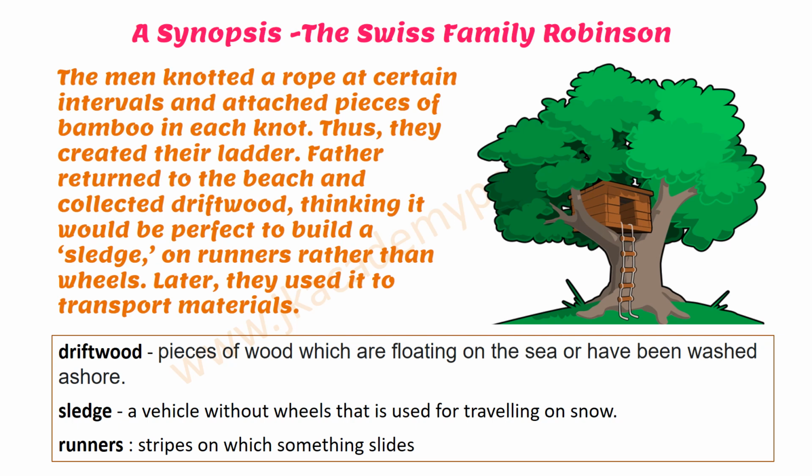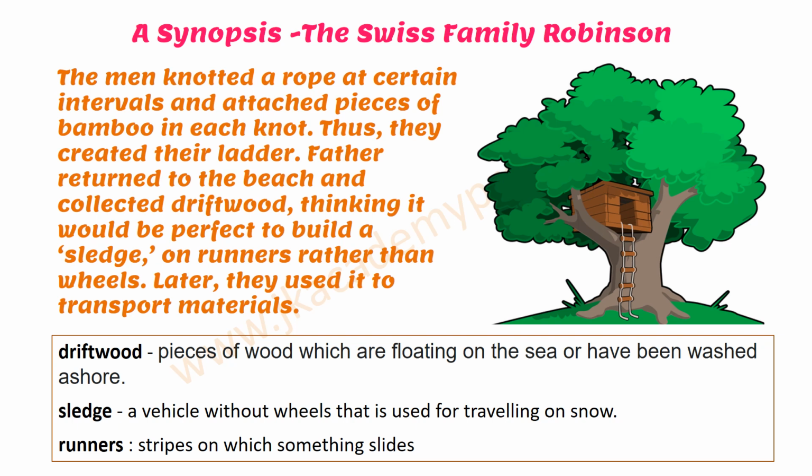Okay, so now here he used this driftwood to build a sledge on runners. Now, runners are things on which the platform, a piece of wood, will slip. It forms like a wheel underneath, so it will slip, so that is called a runner, on runners rather than wheels.